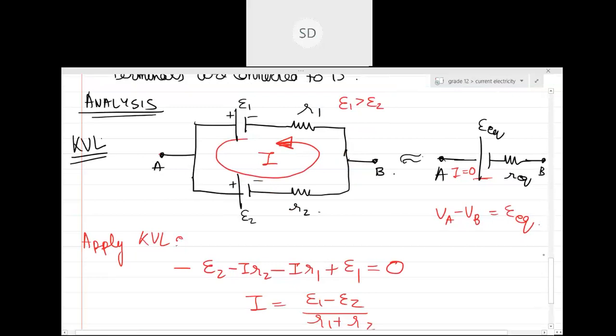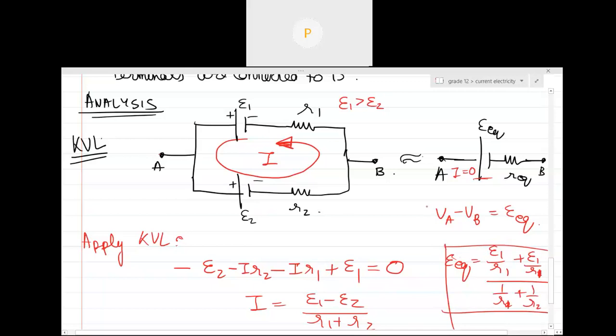Your teacher might be giving some other approach, I guess. Did you do this derivation in your school? We did, but we didn't convert it into different circuits. We directly took the equations and then solved.